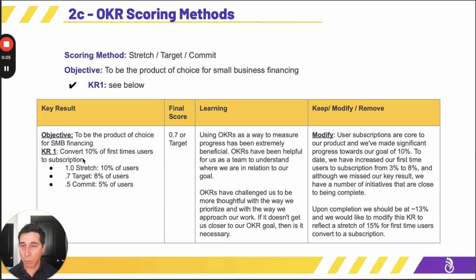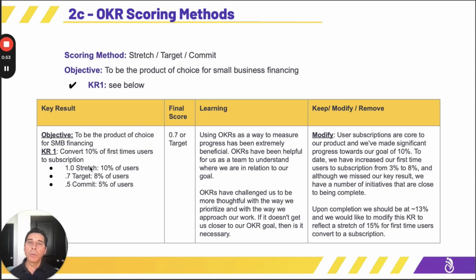In terms of our scoring method, we'll give ourselves a 0.5, meaning that we're committing to moving the needle to 5% of users. We'll give ourselves a 0.7 if we hit a target of 8% of users becoming first-time subscribers, okay? And then we'll give ourselves a 1.0 if we hit that 10% of first-time users.